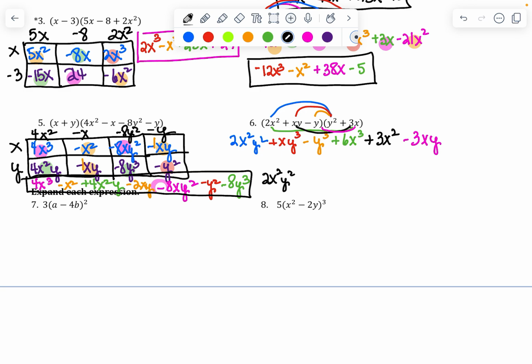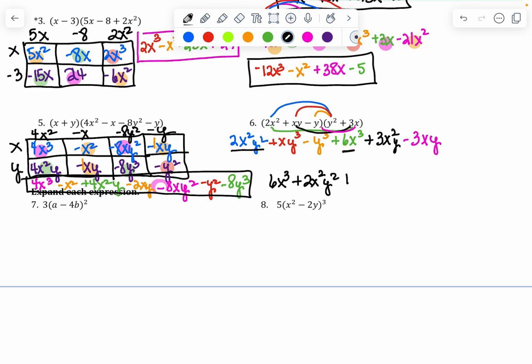Oh, actually, you know what? Let's erase that. Let's go back, because I think the very first thing, if we start with x's, should be this one, 6x to the third. Then we can do this 2x squared y squared. Then we can do, I think I forgot the y with this.